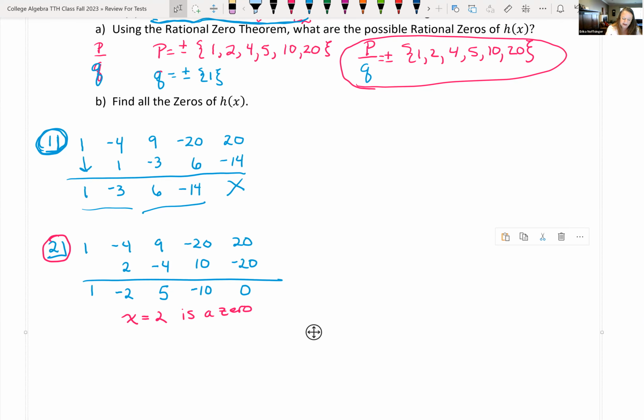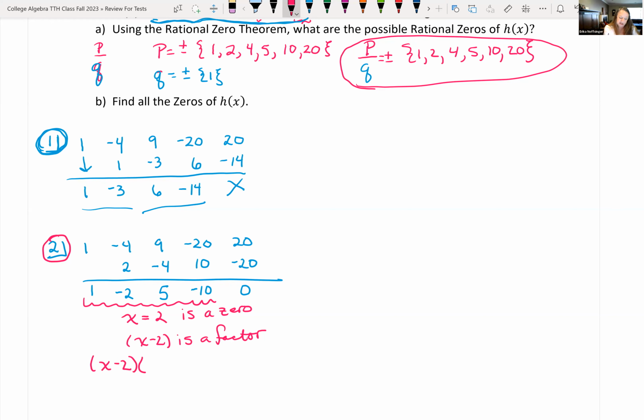My guess is I'm going to ask you also how to factor this. And so because x equals 2 is a 0, I know that x minus 2 is a factor. So I want to break this down. I want to find the other zeros. But notice right here, this bottom row, that is actually, if I had done long division, that was my quotient. So this is also a factor.